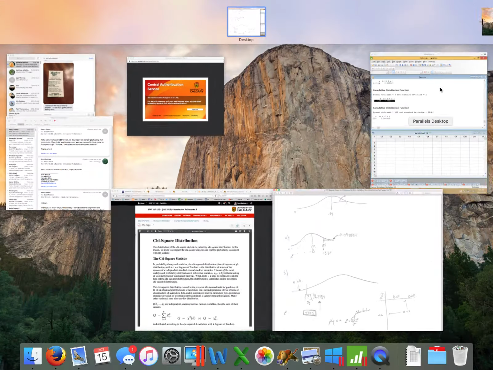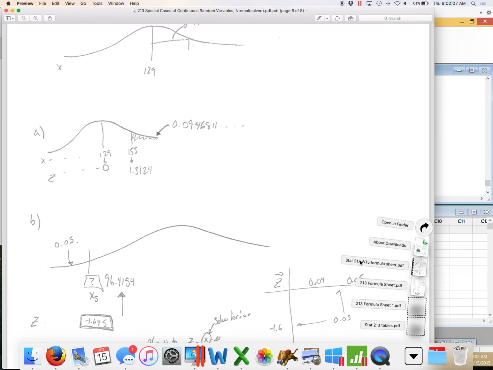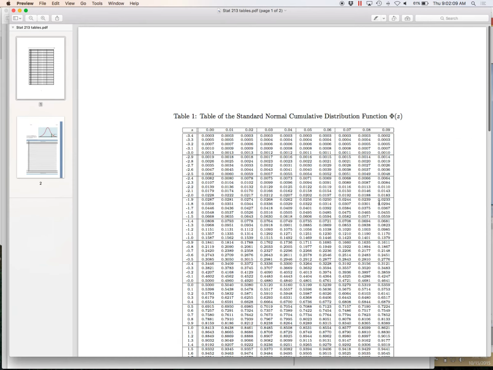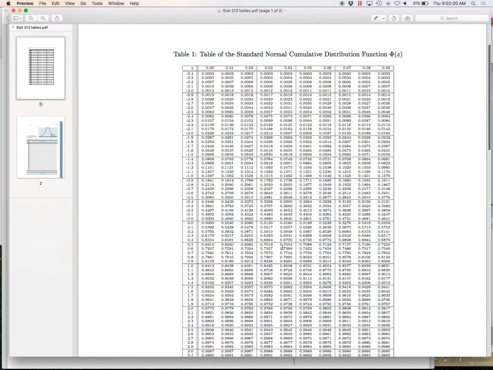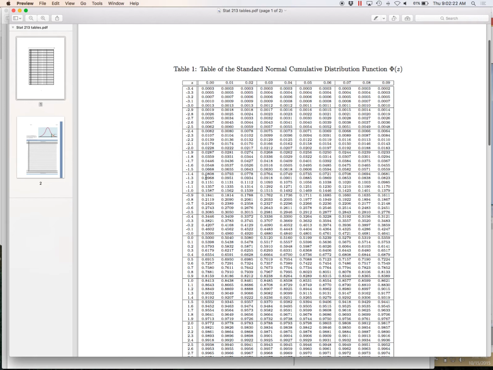Let's see if I can bring up the Z distribution here. What I'm doing is searching for 0.05. It's very difficult to do this, so you need to scan and try to find it. Here are values that are close.